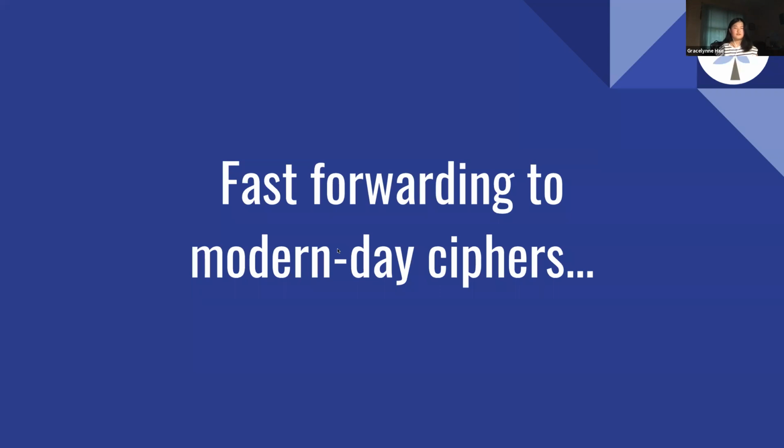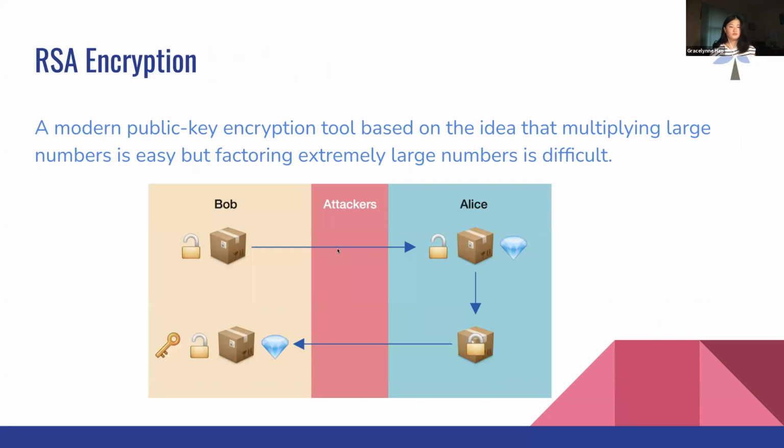Okay, so now we fast forward from around the 1700s and 1800s to the early 1950s, give or take, and early 2000s. One of the most well-known forms of encryption is RSA encryption. This is a public key encryption tool based on the idea that multiplying large numbers is relatively easy with computers.